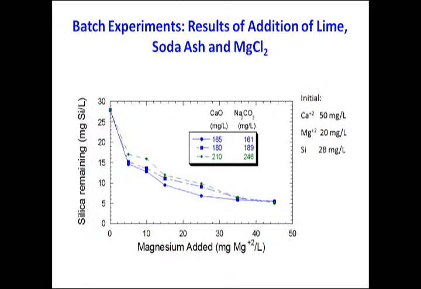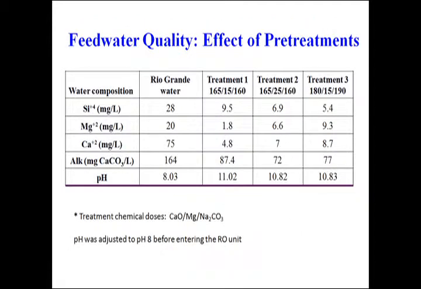She also did experiments, and again, I'm not going to go through the details of this because I don't think that's the main point here. But what is the point is that she could reduce the silica concentrations rather dramatically by this chemical pretreatment prior to membranes. And then she kind of used a few different levels of pretreatment.